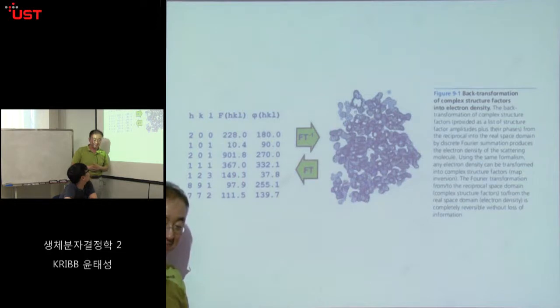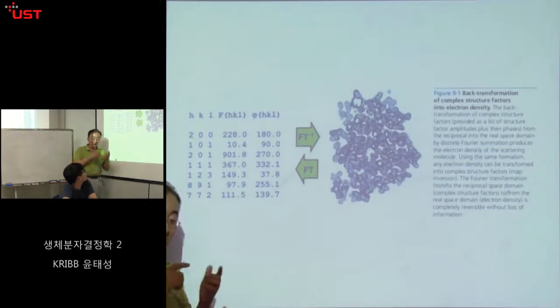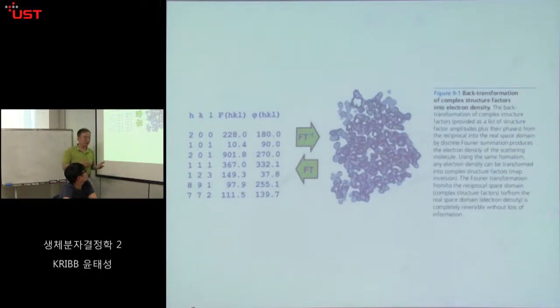It's more than 200. Even out of a single frame, usually 1,000 spots. If you collect more than 100 frames times 1,000, more than 10,000. Usually we are dealing with 100,000 points like this. Very small part.